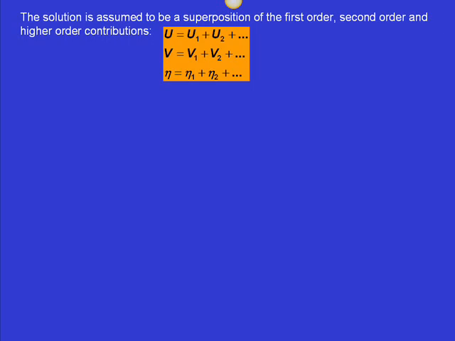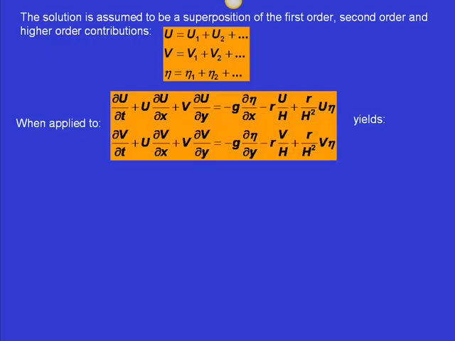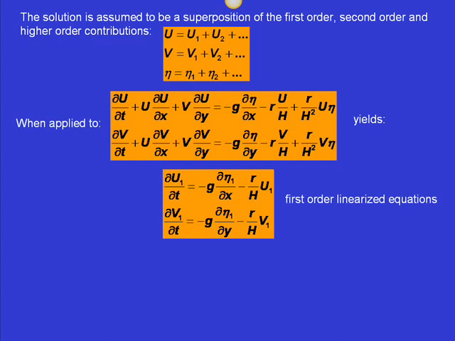If we know U1 and V1 from tidal, the higher order terms, U3 would be very small, so we're not concerned with that. And eta 1 would be the sea level variations due to the tide, and the eta 2 would be the residual sea level elevation, whatever is left after you average out the tide. So if we apply that superposition to this set of equations, the momentum equations, we get the first order linearized equation.